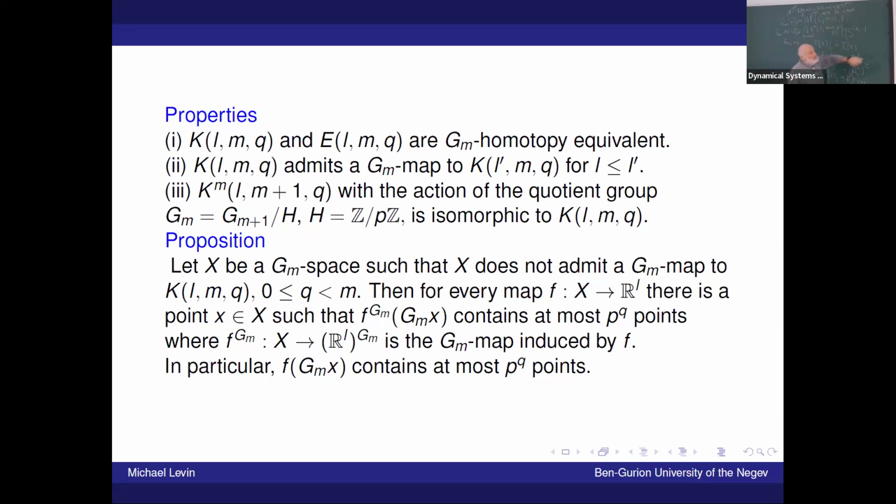And this is exactly the map that will provide the isomorphism between K_m and n plus 1 Q and K_m and Q. Consider K_m the first space with the action of the quotient. By the definition of the equivariant maps, it's just the kernel of the epimorphism between G_{n+1} and G_n with H.